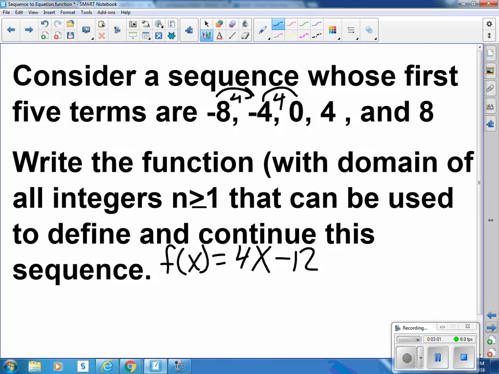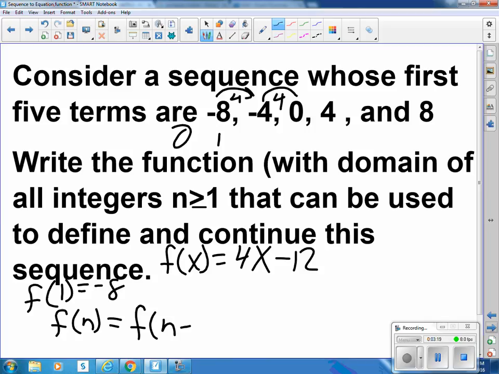So I'm going to go 4 below. This would be number 1, so I need to find the 0 point, the intercept. Or I could say as a recursive function, f of 1 equals negative 8, and f of n equals f of n minus 1 plus 4.